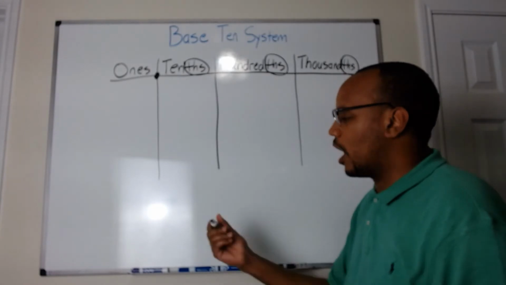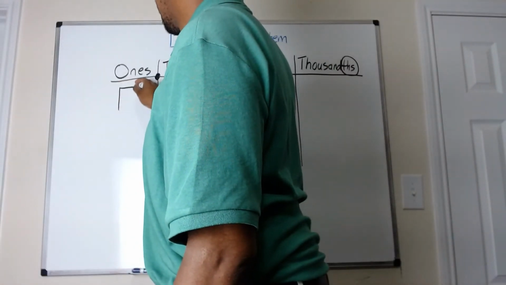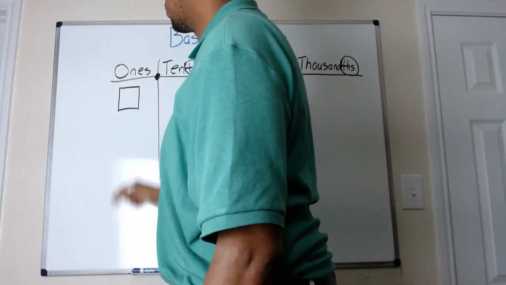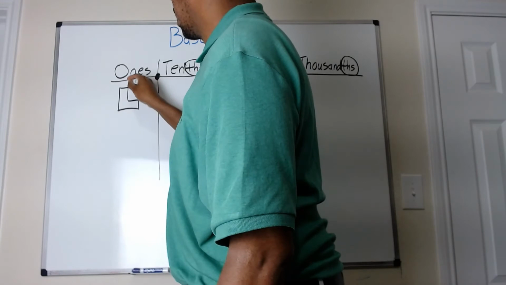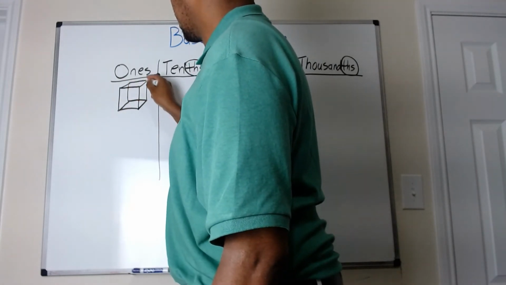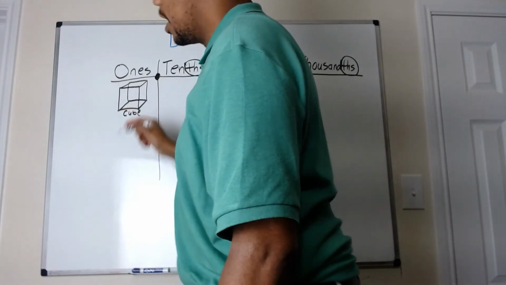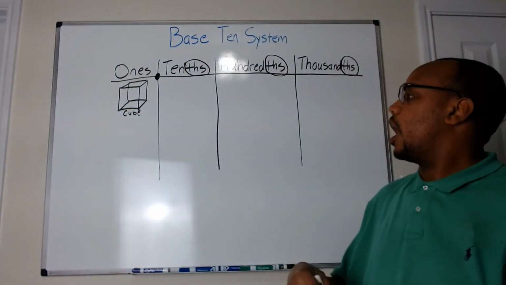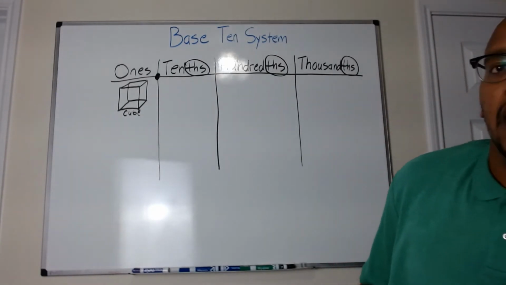All right, so I always start off with a cube. I'll put a cube right here. I'll draw a square, and I'll put another square up like that. Then I'll connect them like this. All right, I have a simple cube. Then I'll say, okay, I want the cube to represent the ones place, right?